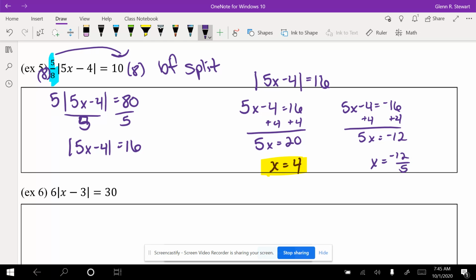And notice, it's okay to get fraction answers. It's okay to get whole number answers. It's also okay to get fractional answers as well.